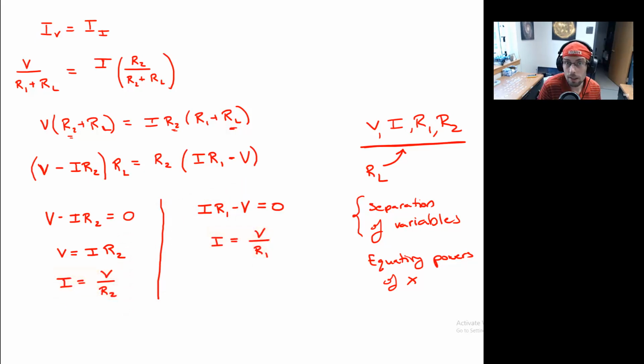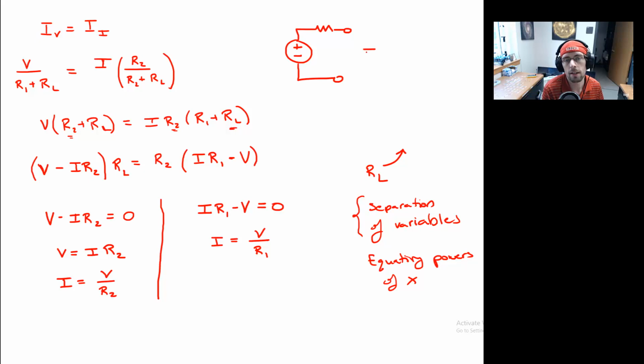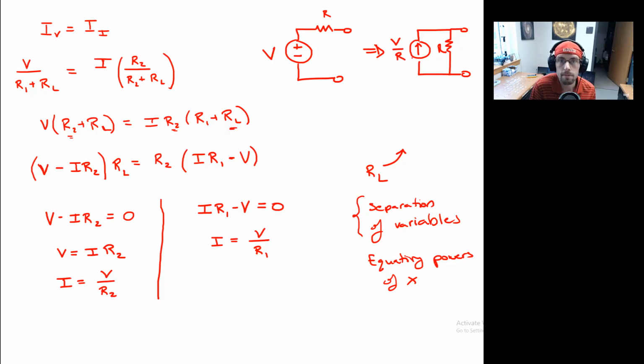In order for me to transform a potential source in series with a resistor into a current supply, the current supply must be in parallel with the resistor, which I will now call R. And furthermore, if I call this V, then the current supply must be V over R. Pretty cool, huh? Yeah?